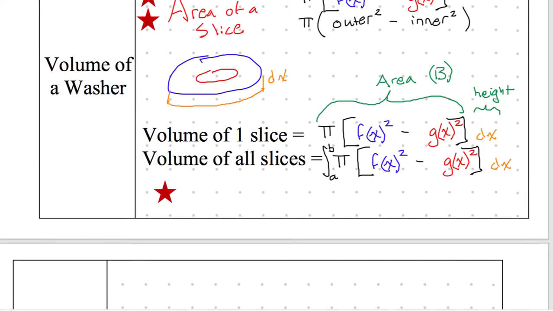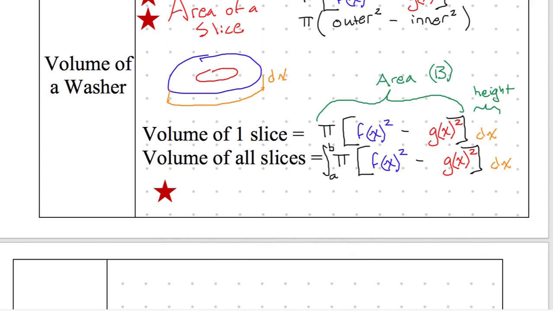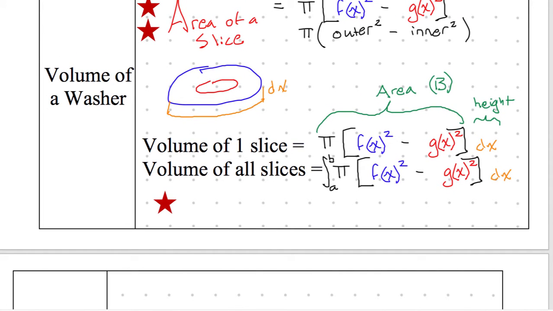And instead of using f of x and g of x, I'm going to do my final formula with top or outer and inner. So the volume of all slices, the thing that you need to memorize most out of this entire lesson, is pi times the integral from A to B. Whenever you have a number, you can just factor it out, so I'm going to leave the pi on the outside.